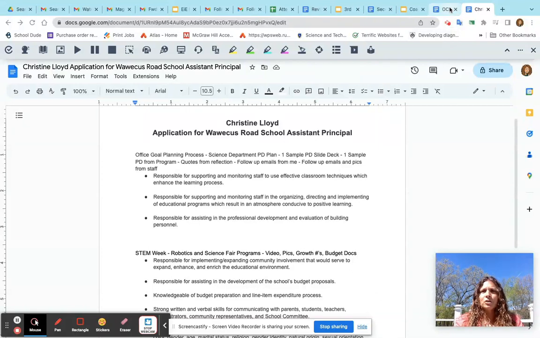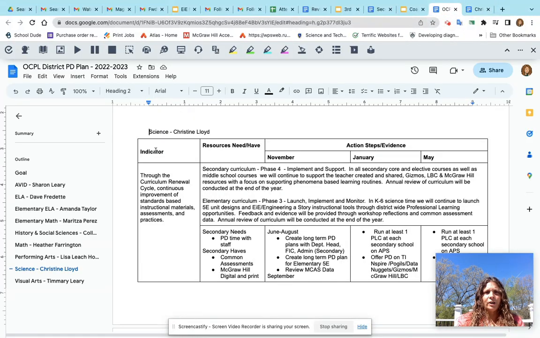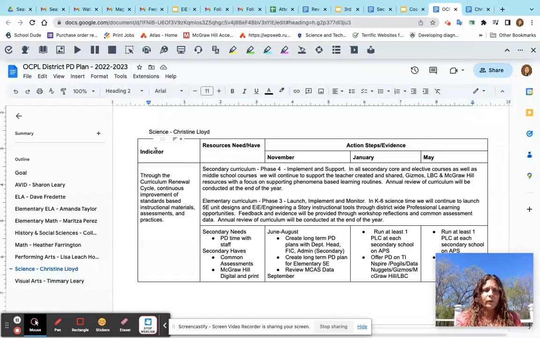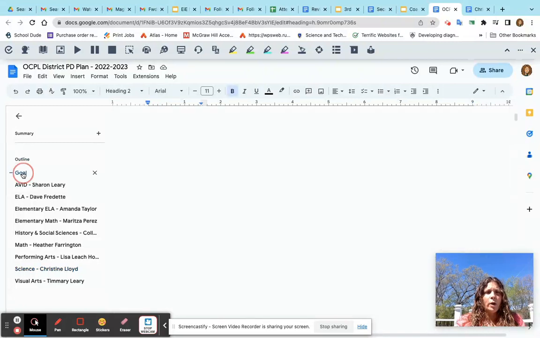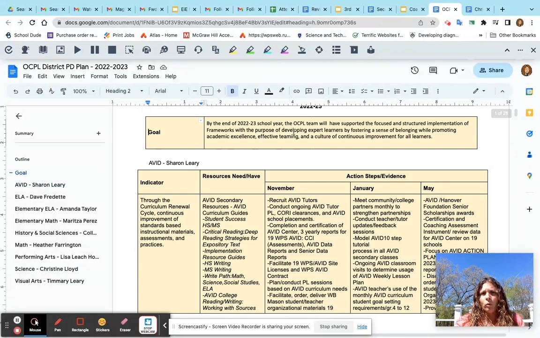The first thing I'm going to start with is this document here. You'll see this document is from our Office of Community and Professional Learning, which is the office that I belong to under my Science and Engineering Liaison role. This was our year-long plan. What I want you to see is at the beginning, we all started with one goal, right? We had one goal that we had to focus on.